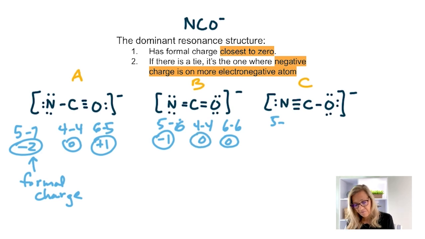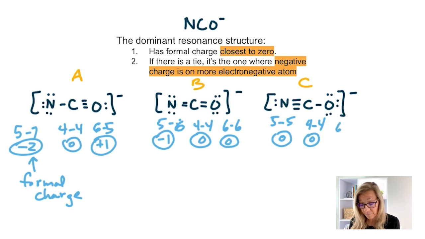Okay. 5 minus, well, I've got 2 non-bondings and 3 covalents. 0. 4 valence and 4 covalent bonds. 0. 6 minus 7 is -1. Okay, so I've done formal charges for all the atoms in all the possible Lewis structures.